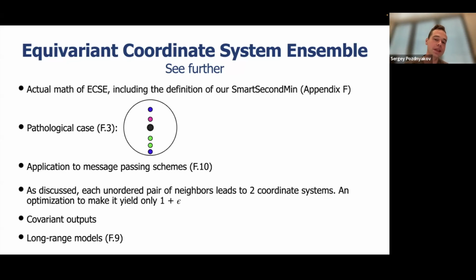Namely, it might happen that absolutely all the atoms in the atomic environment are exactly collinear, so we cannot define even a single coordinate system. In this case, we are pretty much screwed, but there is some way around. There are a few other things, such as application to message passing schemes. Also, our symmetrization protocol supports producing not only invariant properties, it also supports covariant properties, such as vectorial dipole moments and so on.